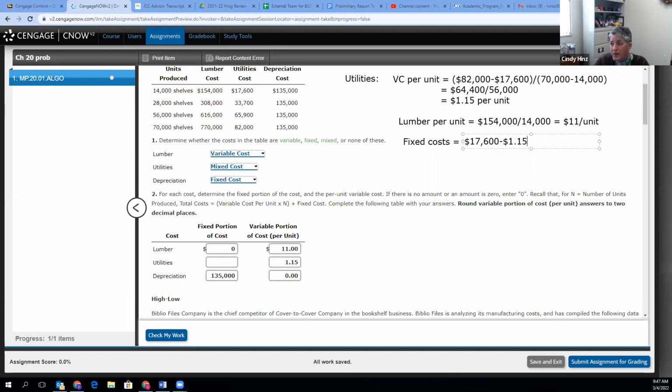We already calculated the variable cost to be $1.15 per unit, and that's for 14,000 units. And I got $1,500. Is that what everyone else got?